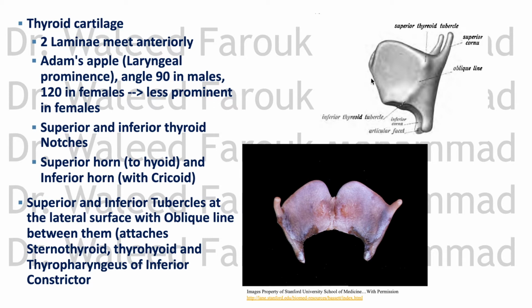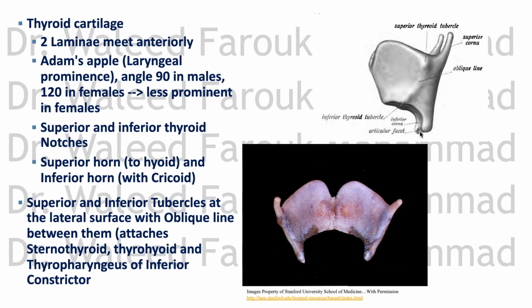Okay, what else? Now, this lamina has an upper ridge and a lower ridge, and projects posteriorly into two horns. The superior horn, or cornu, and the inferior horn, or cornu. The superior cornu articulates indirectly with the hyoid bone above, at the thyrohyoid joint, and inferiorly, it has an articulation surface on the cricoid.